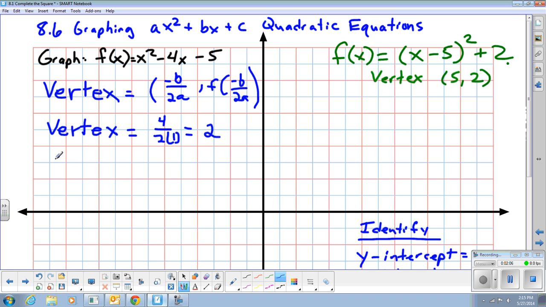So now let's find the y coordinate. All right, so how do you find the y coordinate? Well, up here I said f of x equals x squared minus 4x minus 5. Well, the vertex is f of the opposite of b over 2a. That's a fancy way of saying take this 2 and put it in place of x. And then we go from there.